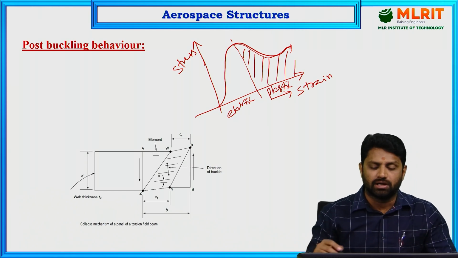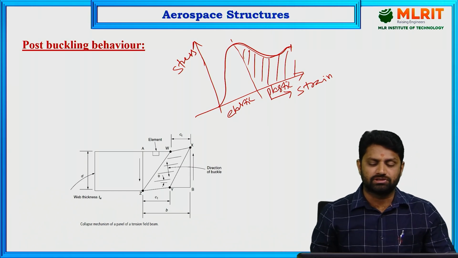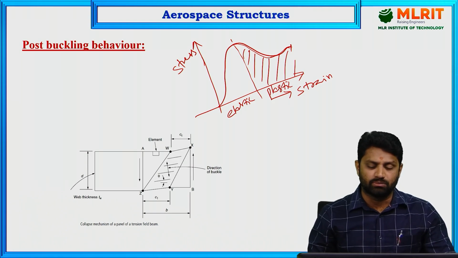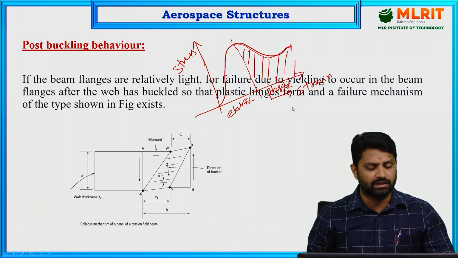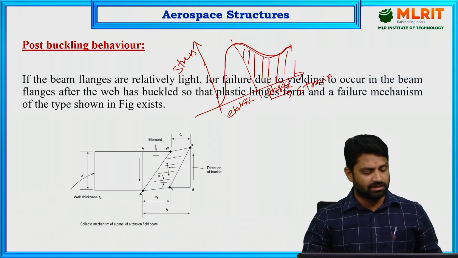Till then there is a point called strain hardening. In this region, even if you add small amounts of stress it gives large amounts of strain. So that is a very important parameter we have to understand through this diagram. Now what happens here after buckling: you can see the beam flanges are relatively light.